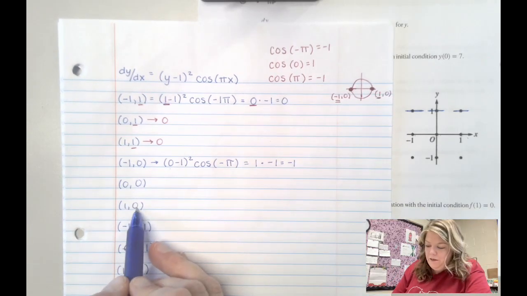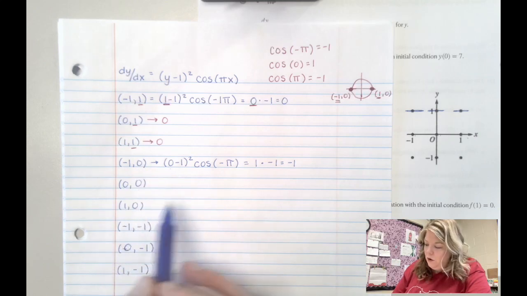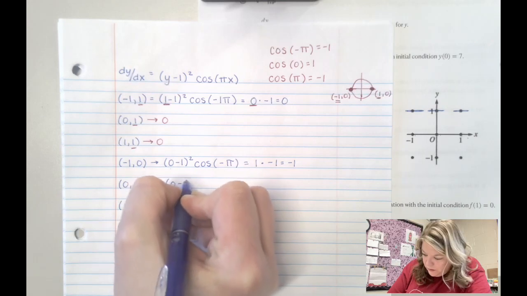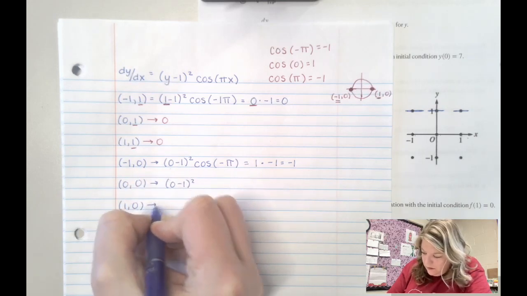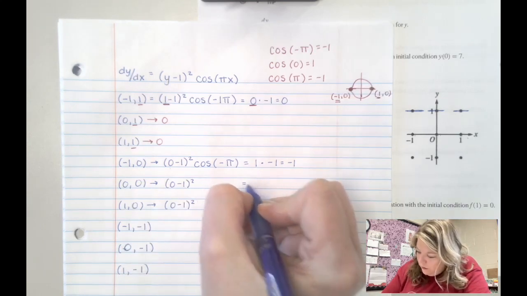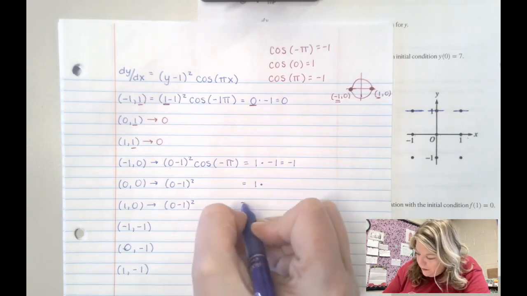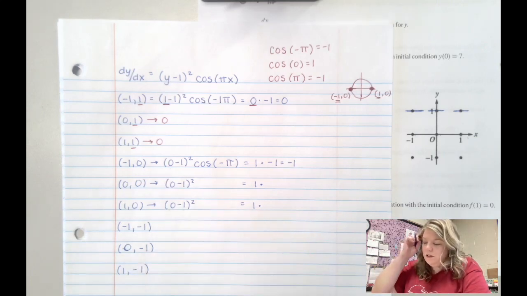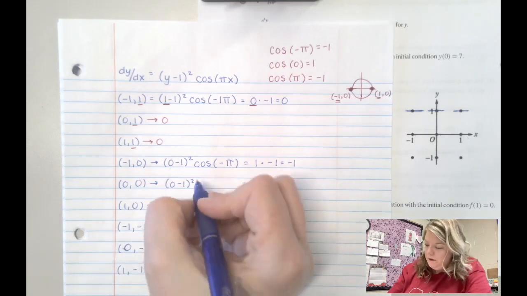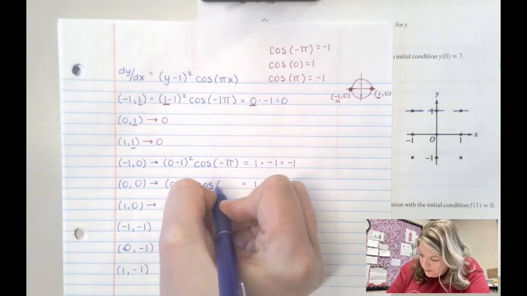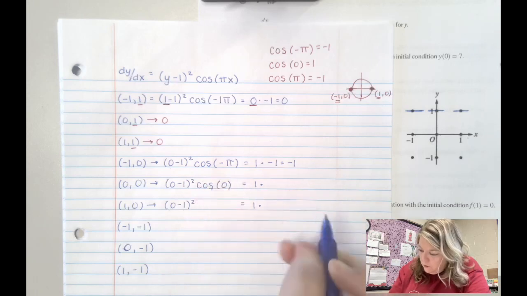All of these have y values of 0, right? So all of these are going to start with the 0 minus 1 squared, which means that over here it's going to be 1 times something, because 0 minus 1 is negative 1, negative 1 squared is positive 1. Okay, so this one will be multiplied by a cosine of 0, because that's 0 pi.